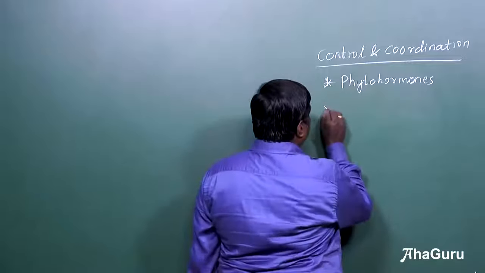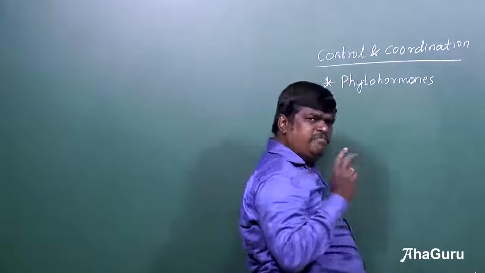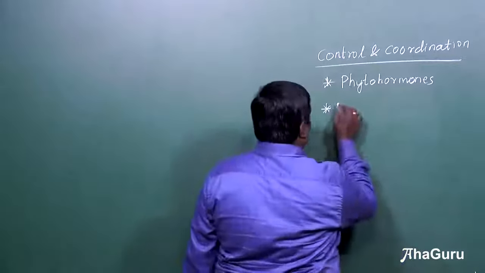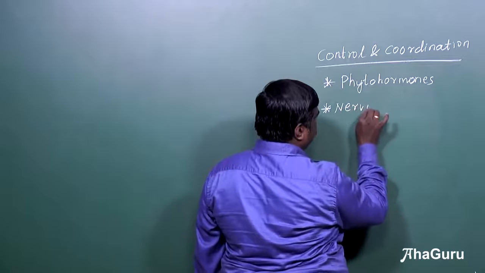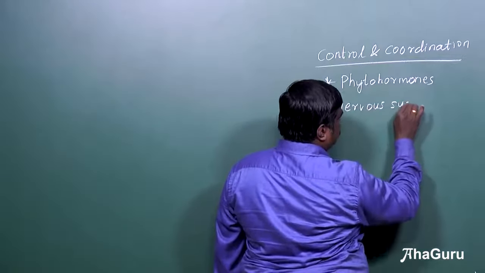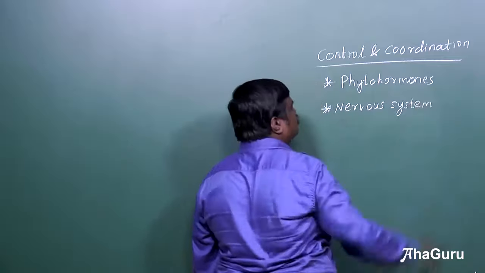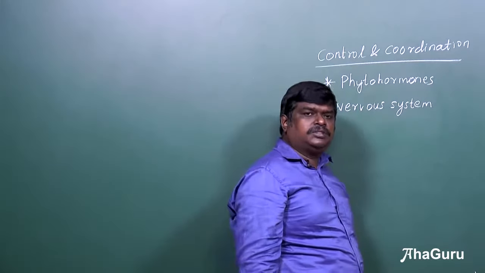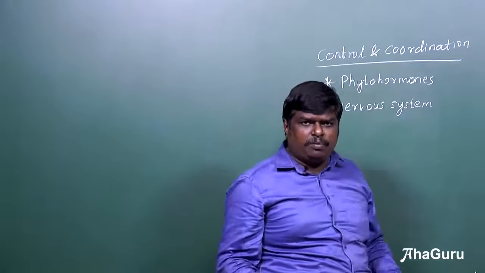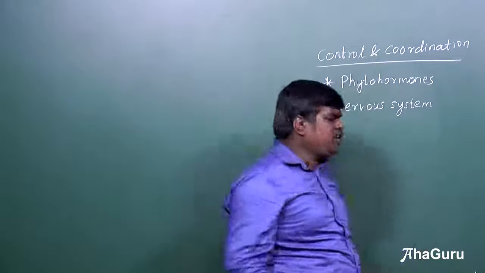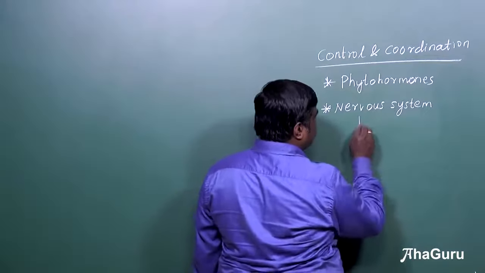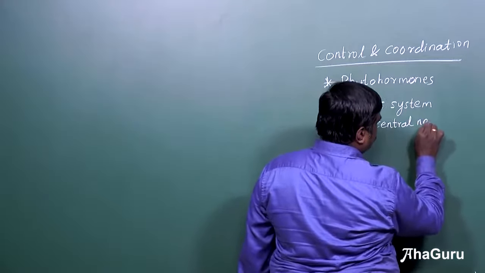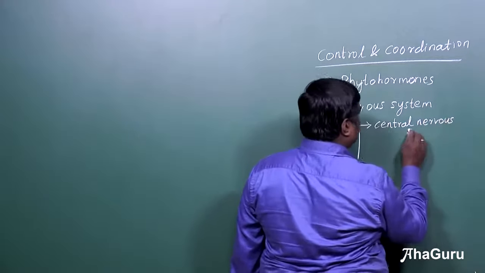In the case of animals, we have two important systems which control and coordinate various functions. One is the nervous system. We are going to talk about the nervous system also. There are three types of nervous systems in our body. One is the central nervous system.